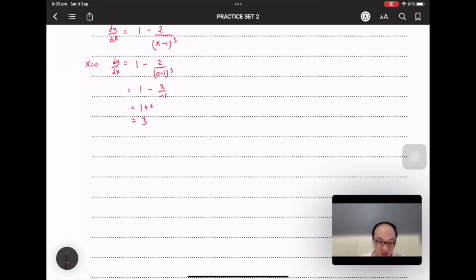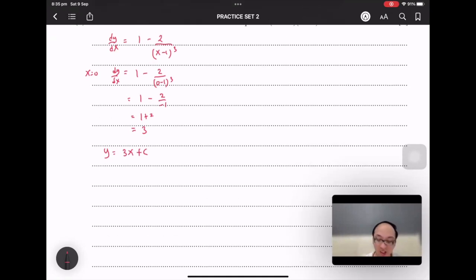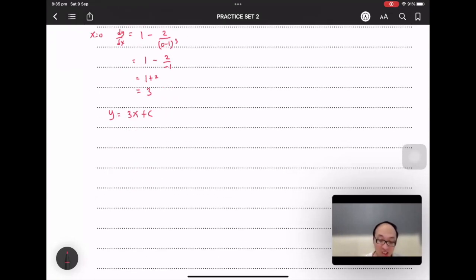So the gradient is 3, and the equation is y = mx + c. So y = 3x + c, replacing the coordinates (0, 3): 3 = 3(0) + c. So c = 3. So y = 3x + 3. This is the equation of the tangent.